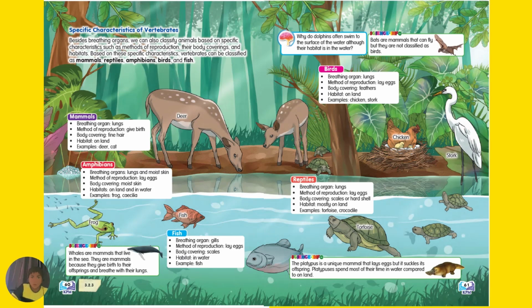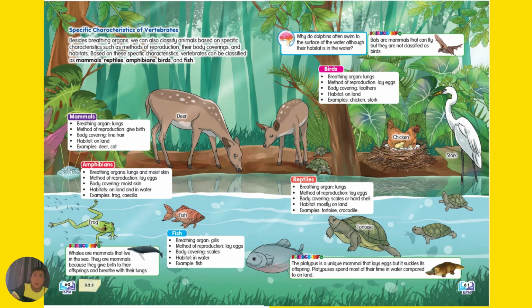Okay. 61. Okay, birds. Yang keempat adalah birds. Okay, specific characteristic vertebrates. Kita tengok apakah specific characteristics of birds. Okay, birds breathing organ is lungs.